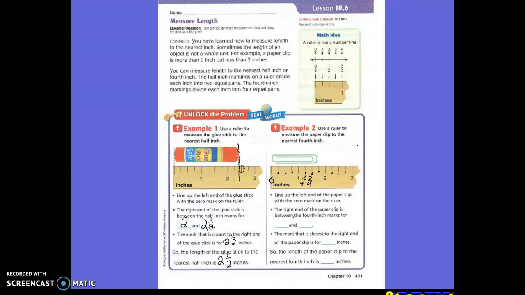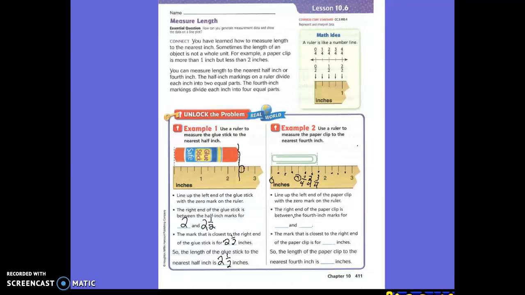The mark after that would then be 3/4. What 4ths is that mark in between? A half. It's between the 1 and 1/2 and 1 and 3/4. You have to remember to say the whole number, too, okay?